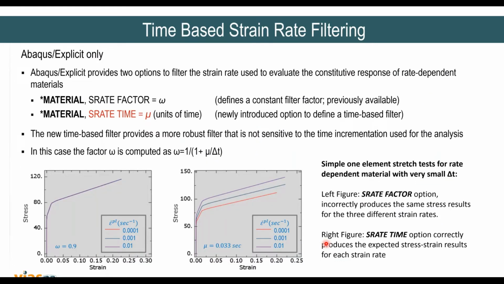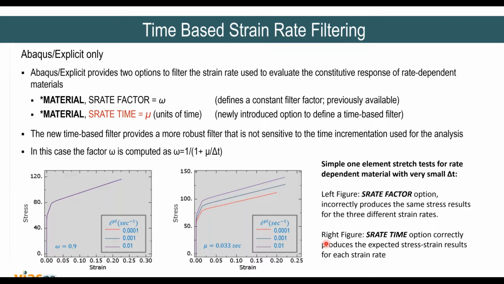This particular enhancement is related to time-based strain rate filtering. You must be aware, especially in Abaqus Explicit, when you're running highly transient analyses, that there is a possibility of a high level of noise, especially when your material properties are rate dependent.